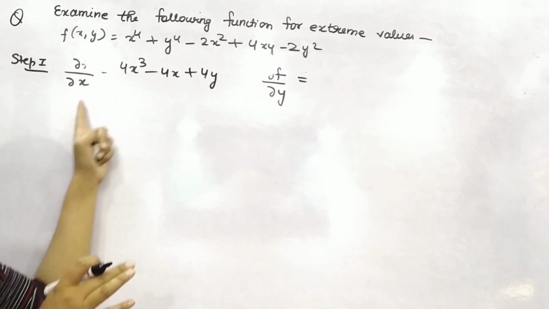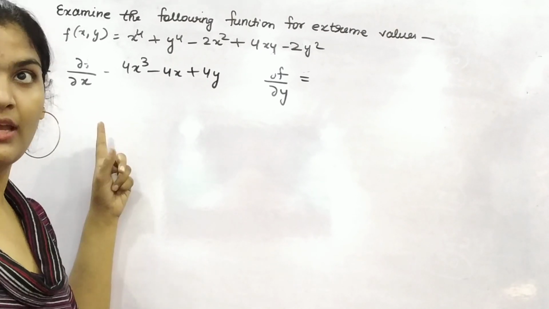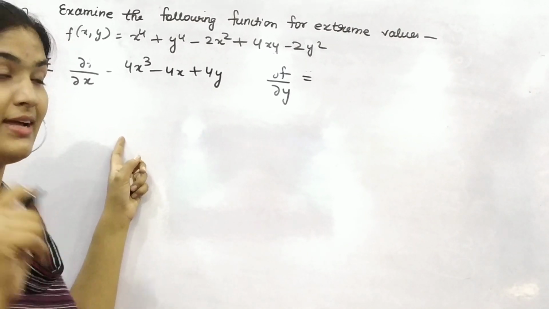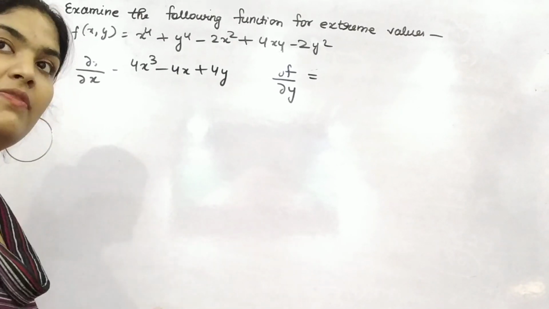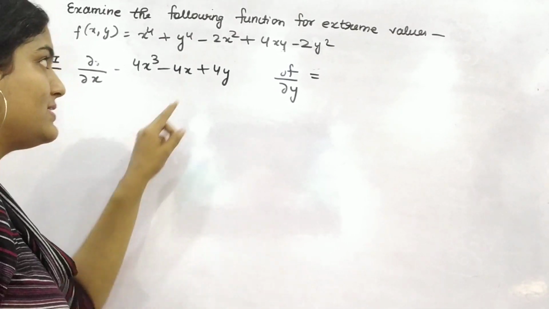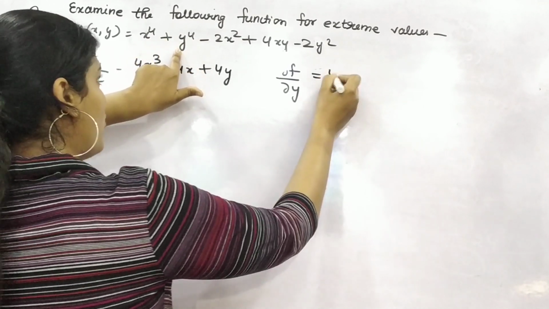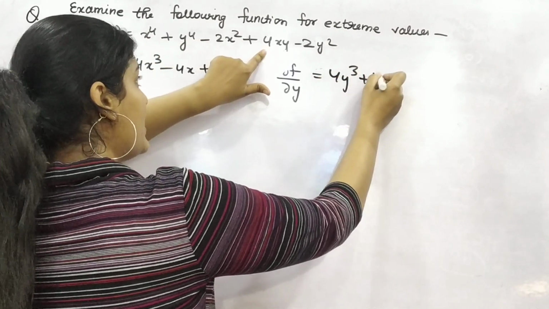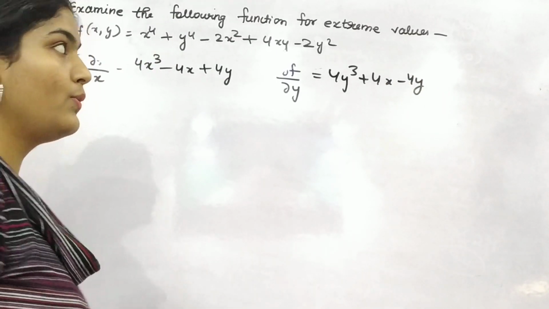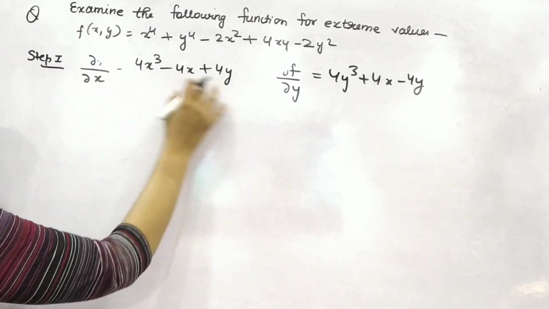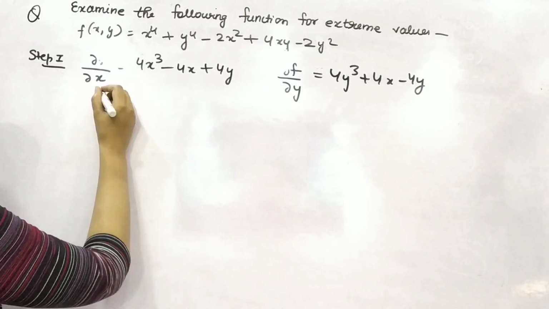The rest are constants because you are partially differentiating with respect to x, that's correct. Similarly, when you find the partial differentiation with respect to y, you'll see that this is 4y cube plus 4x minus 4y, correct? Now, you have to put these values as 0.